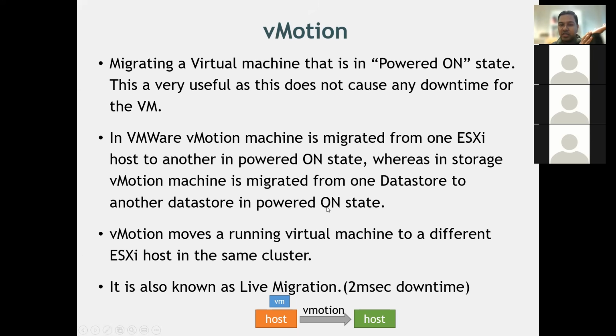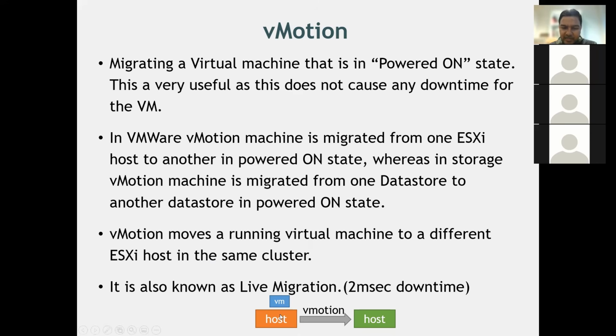That means both the VM migration as well as the data store migration from one host to another happen while the execution is going on, all the machines in a running state. But there is a condition that the hosts should be in the same cluster. All the ESXi hosts should be in the same cluster, not in a different cluster.